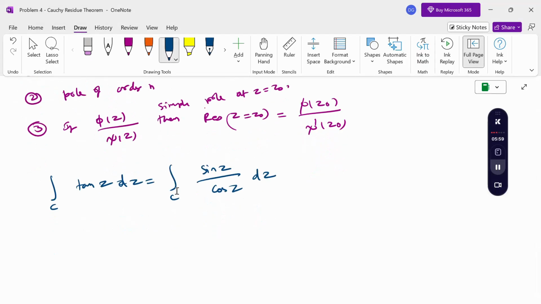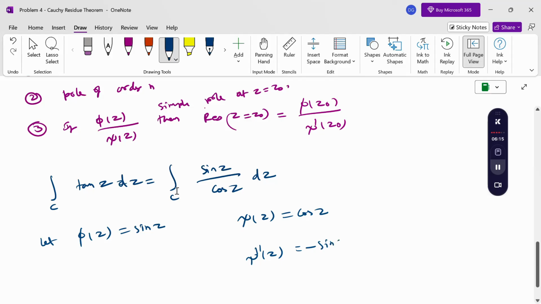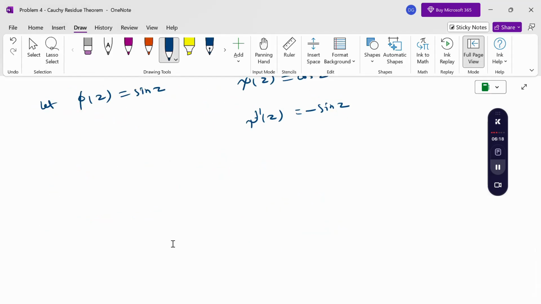Now the function is phi of Z by psi of Z, so let phi of Z be sin Z and psi of Z be cos Z. Now the derivative psi dash of Z is minus sin Z. At the points Z equal to pi by 2 and minus pi by 2 we calculate the residues, since the other values are outside the circle.